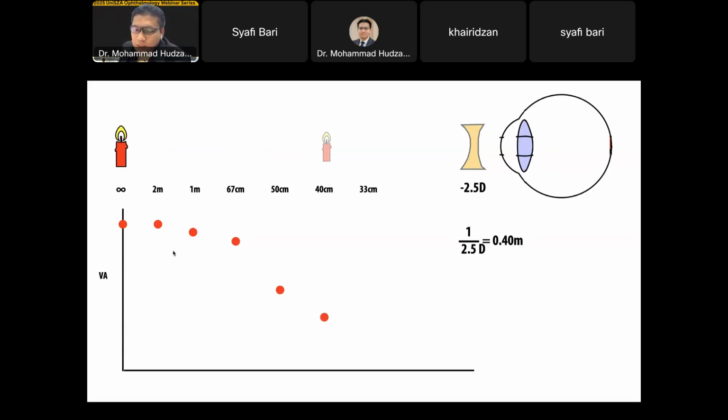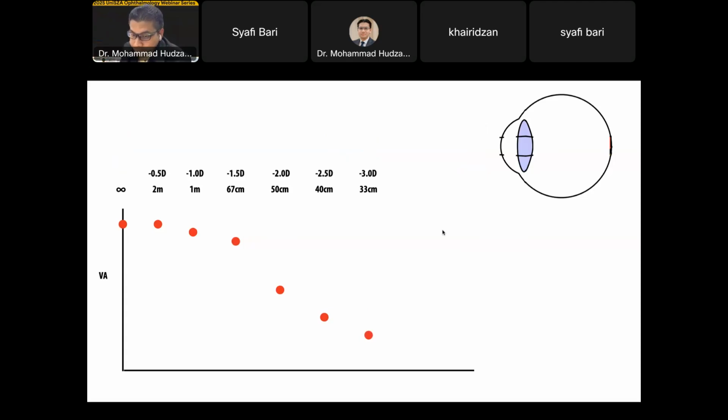We are bringing the image as if closer to us and it becomes minified, and we check the Snellen as if we are checking at different ranges of vision, although the target is always at 6 meters. It's just that when we put in a minus lens, we are bringing the virtual image closer to us. This is where we plot the vision just by putting in a minus lens. This is how a defocus curve works.